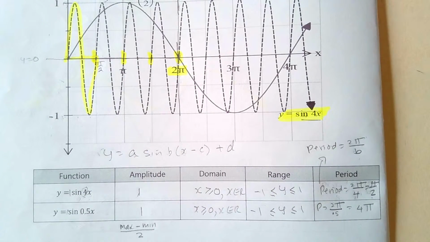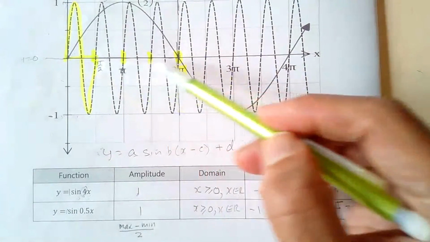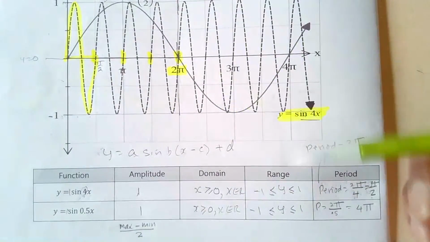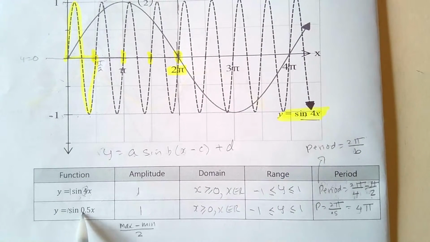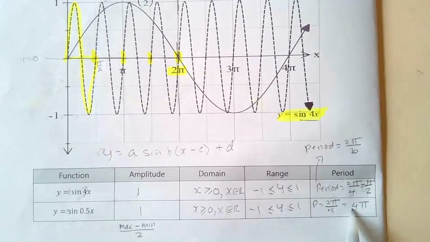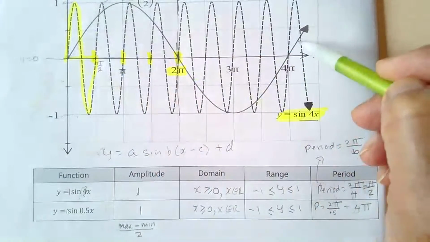We'll look at a couple of questions, but for now, let's look at this. So we have our cycle now. Let's look at the next one. You see now we have 1 sine 0.5x, which tells us one period is 4 pi, which is the one that's on the line here.